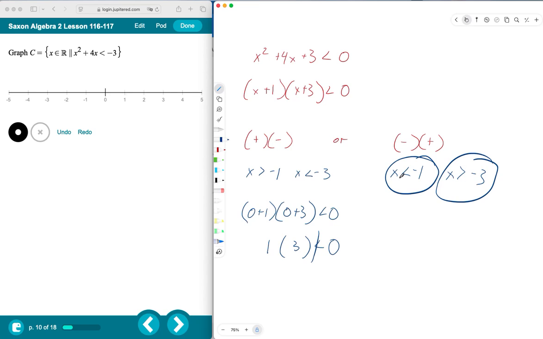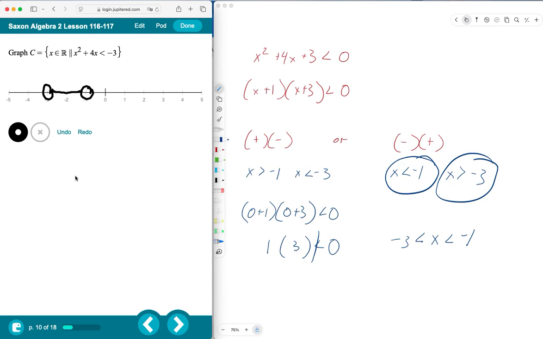So if x is less than negative 1 and x is greater than negative 3, we graph that like this. We circle that and we circle that, and it's reals, so we draw a line through it.